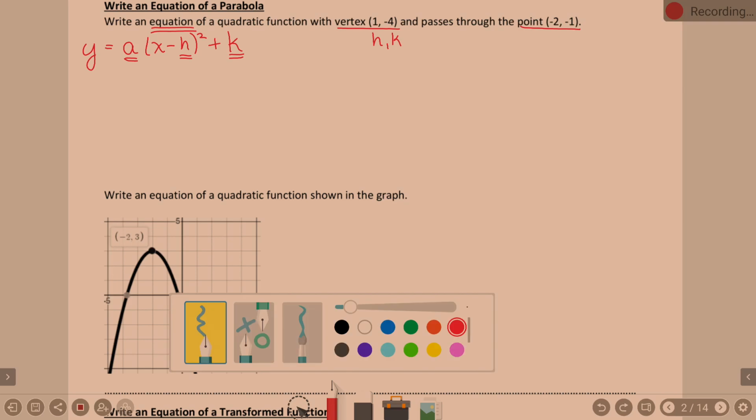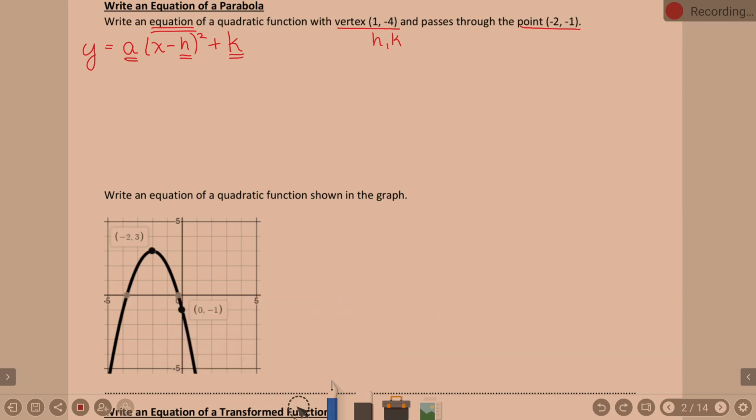So when I go to write out this equation, I know y equals, okay, I don't know A yet, but I know x minus h, so (x minus 1) squared plus k. Well, you could say plus -4, but what am I really going to write that as? We're going to write it as minus 4.